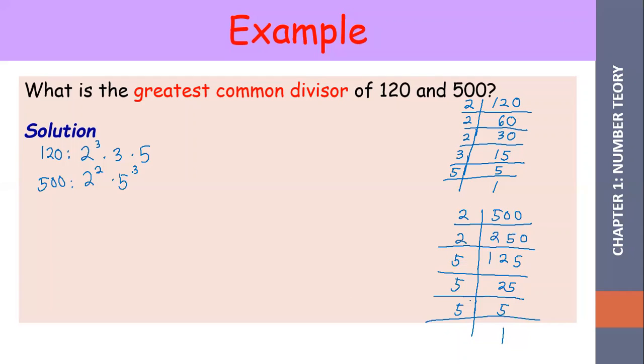Alright, so now we want to find GCD of 120 and 500 by using the prime factorization method. So GCD of 120 and 500 is equal to 2, and for the greatest power you will choose the minimum power.